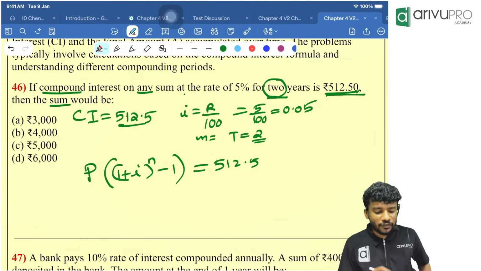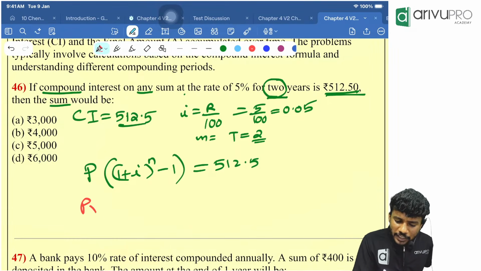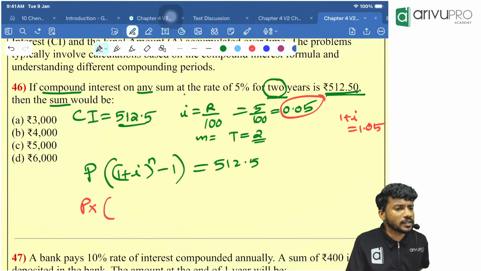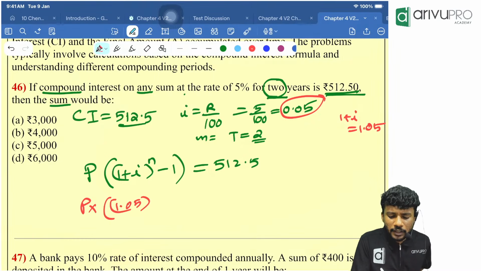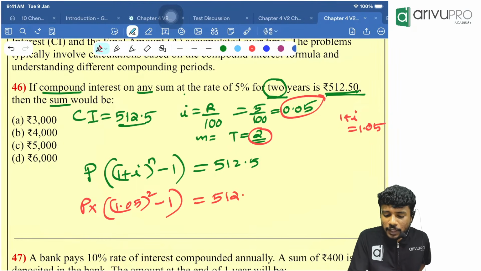Now, we need to find the value of principal. Everything else is given in the question. 1 plus I is 1.05, since 1 plus 0.05 is 1.05. The whole power N, which is 2. Then minus 1, which is equal to 512.5.